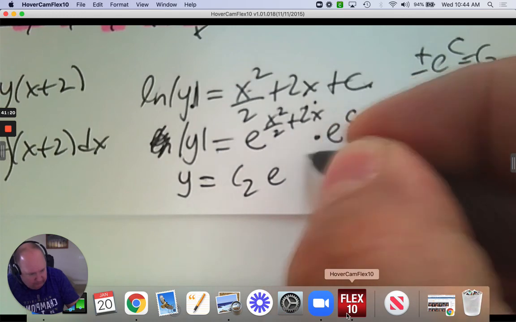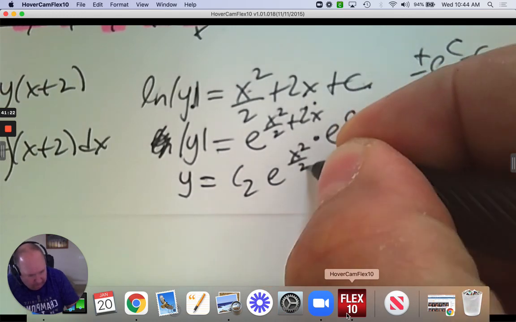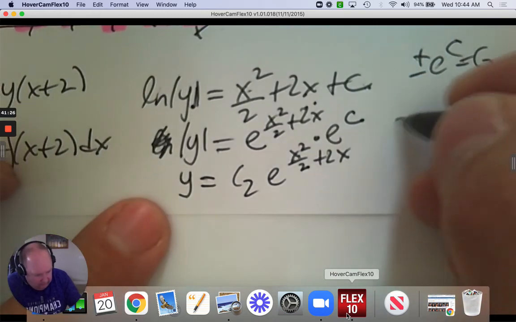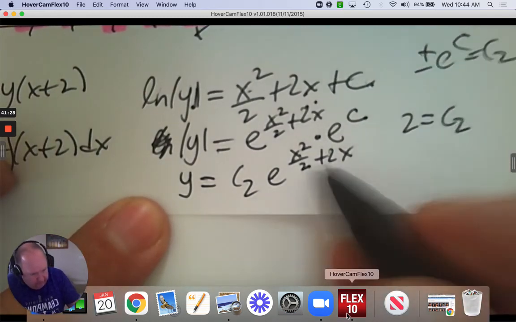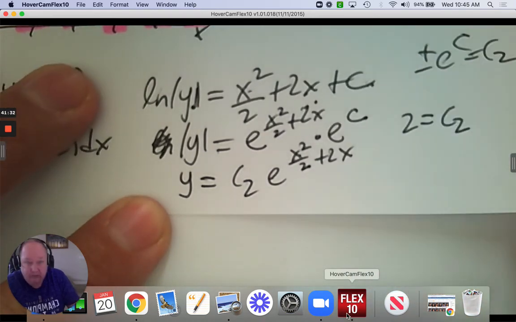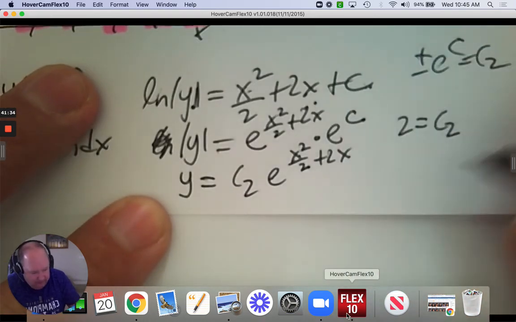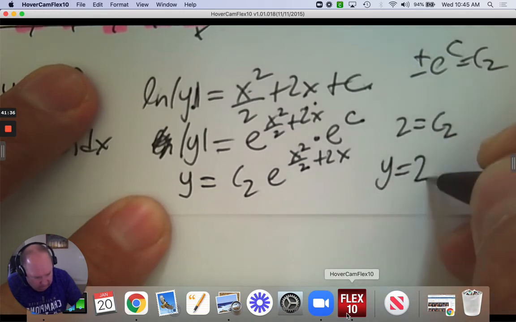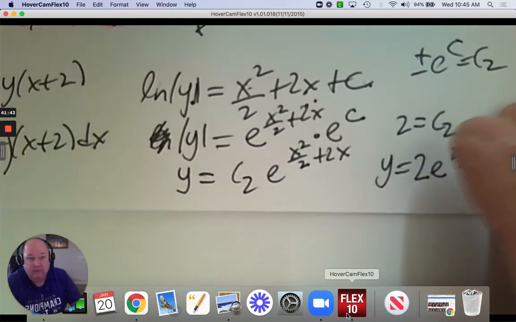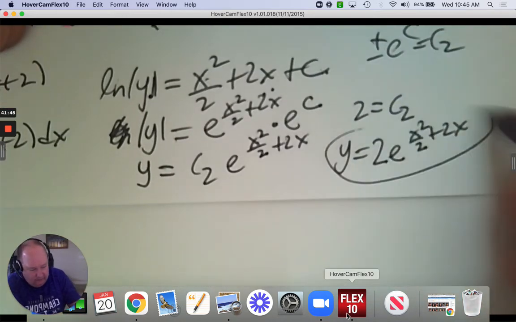And then we're going to plug in 0 for x. So now if I plug in y is 2, and if I plug in 0 for x, you get e to the 0, which is 1. So c2 is just equal to 2. So the equation is 2 times e to the x squared over 2 plus 2x. So there's the diffie-q right there that we solved.